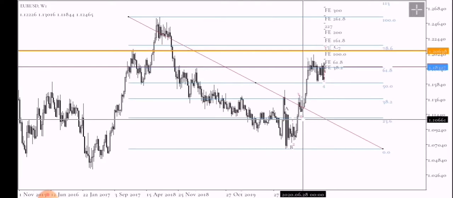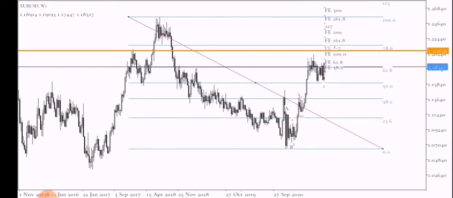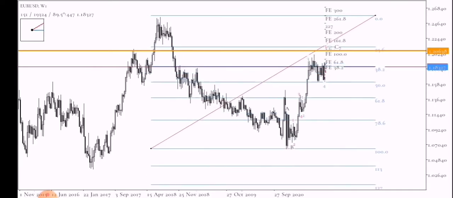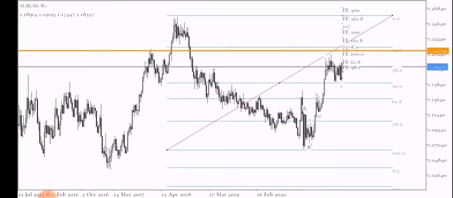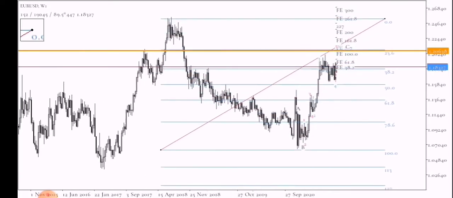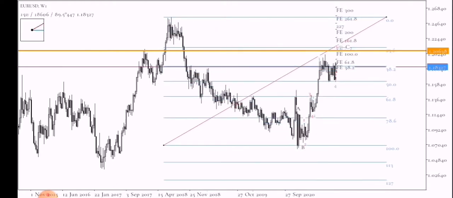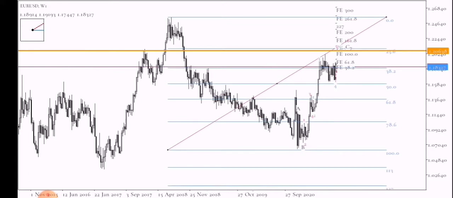I'm sorry, I drew it upside down. Let me take it this way. Okay, there we go. Let me just make it down properly. Why is it not going?